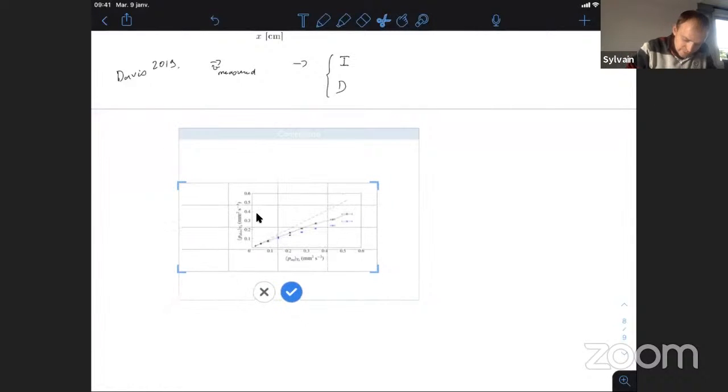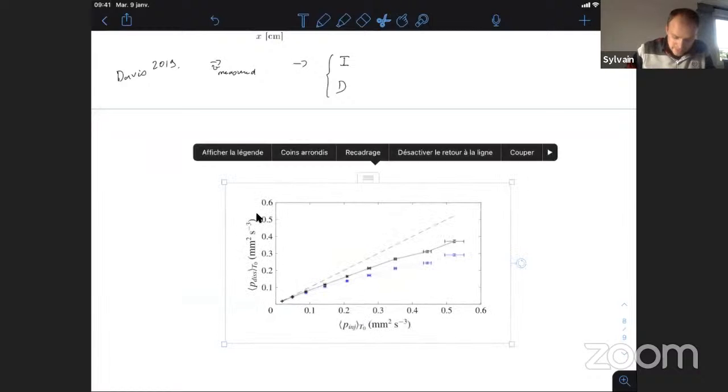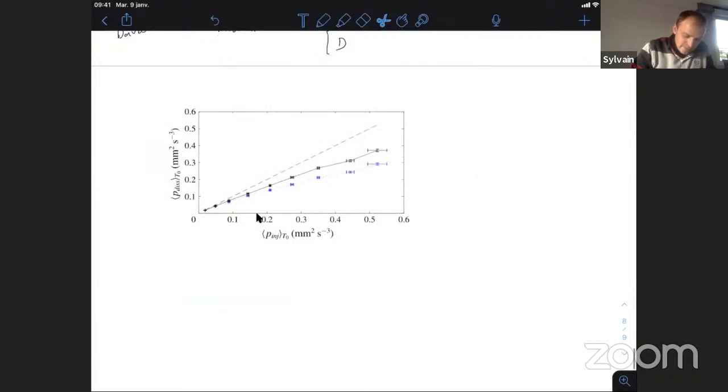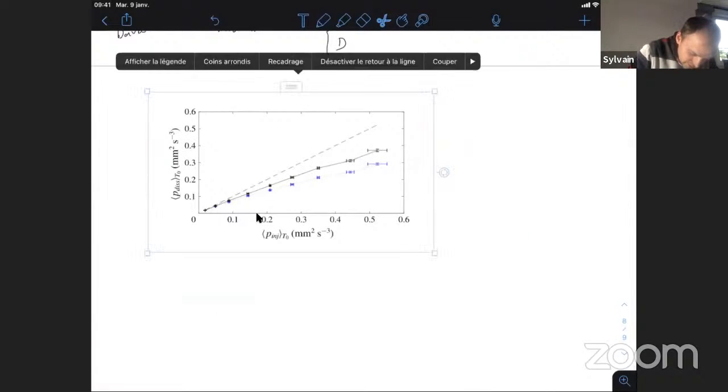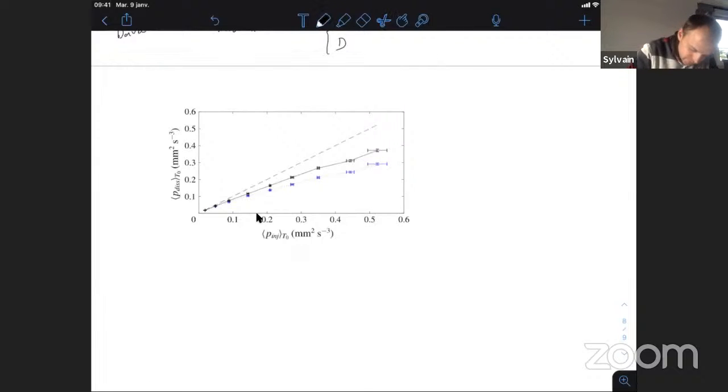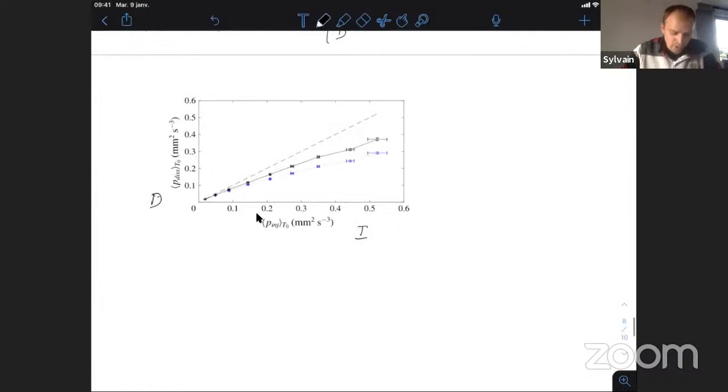So you can see it's averaged over the forcing period. This is D. This is the injected one. And you can see that from the experiments, we have a nice agreement when the injected power is small. It's where everything is linear and we have a good estimate.